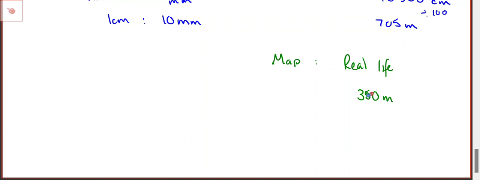So I'm actually going to give myself a bit of space because what I should have written was 1 to 15,000. And they're telling me I've got 350 meters. So how do I figure out what that will be on the map? Using our equivalent ratio skills.